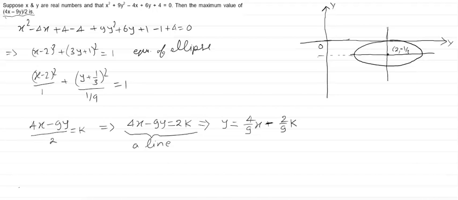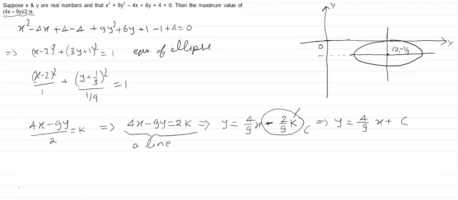We have to keep in mind that we have to find the maximum value of k. So let's use another symbol c for minus 2 by 9 k. So this implies y is equal to 4 by 9 x plus c.